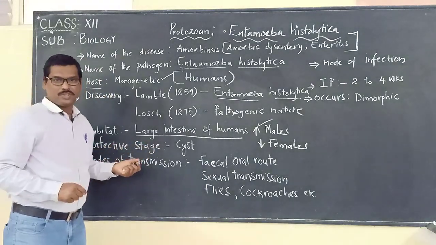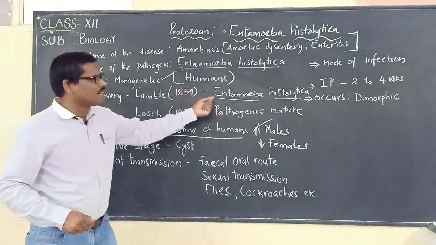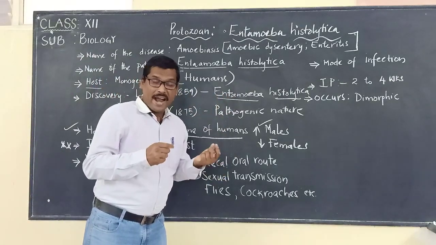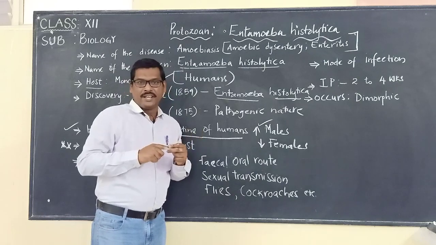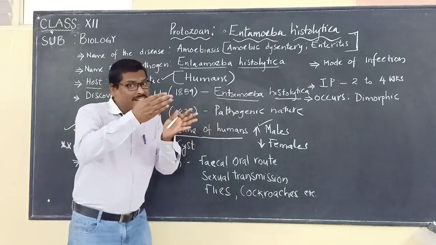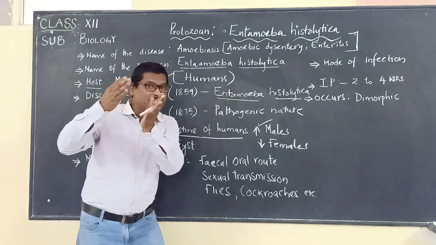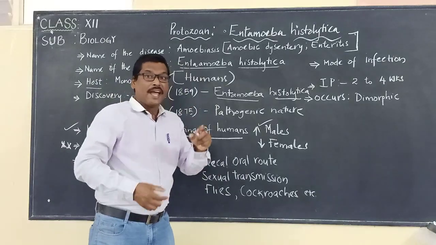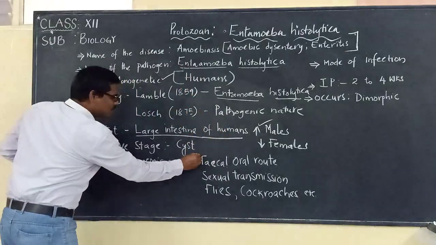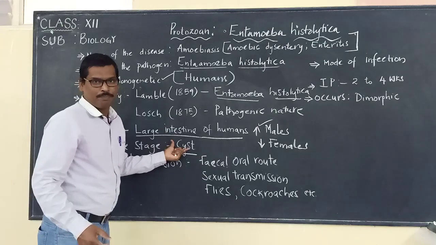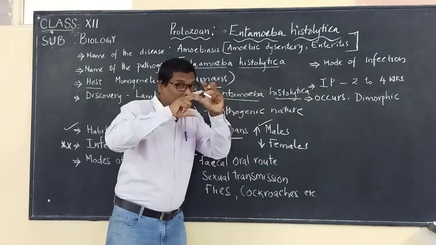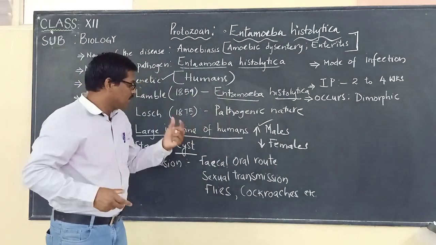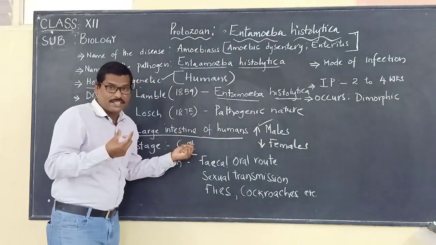And now the very important point, very important for any entrance exam, is the infective stage. This Entamoeba histolytica, as it is completing its life cycle, will be showing many changes, and one of the stages at which it exists is the cyst stage. Cyst means the organism is covered by a thick layer, called a cyst.